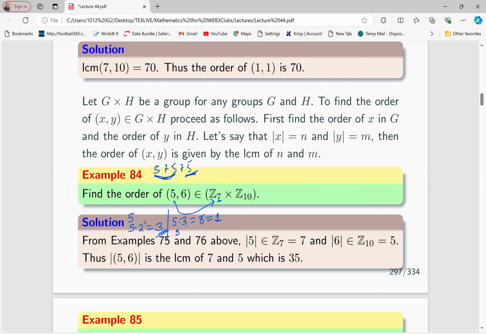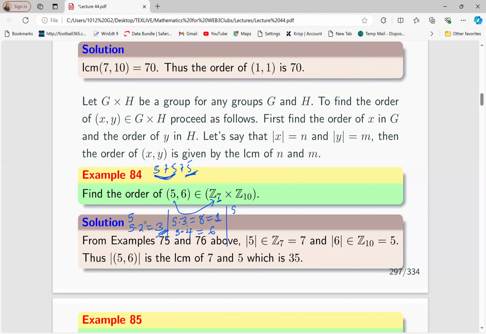Then what about 5 4 times? 5 4 times is the same as 5 3 times plus 5. Or you would still have said 20 divided by 7, the remainder will be 6.